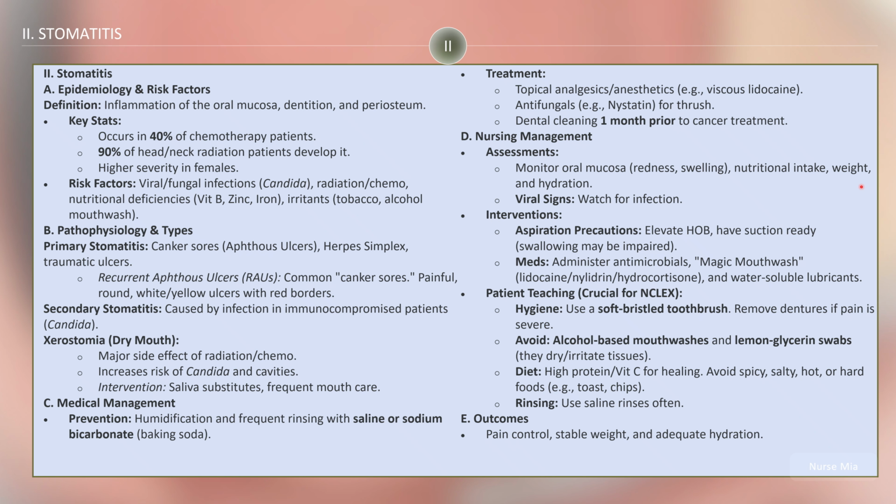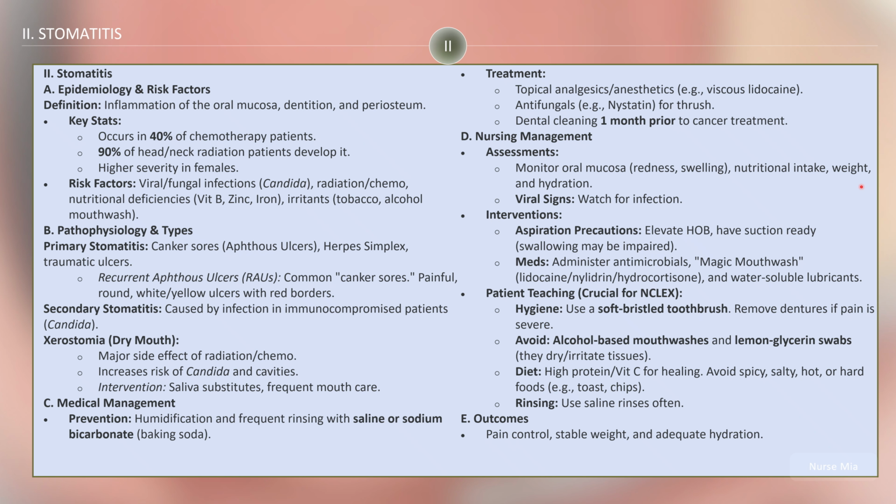In the key terms, I show some pictures there on how to remember those terms. So use humidification and frequent rinsing with saline or sodium bicarbonate, the baking soda.